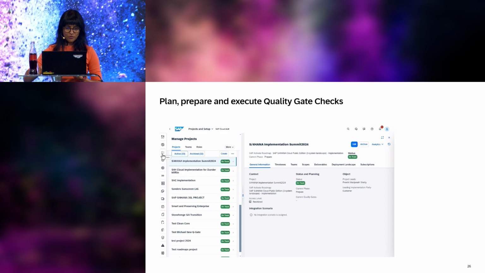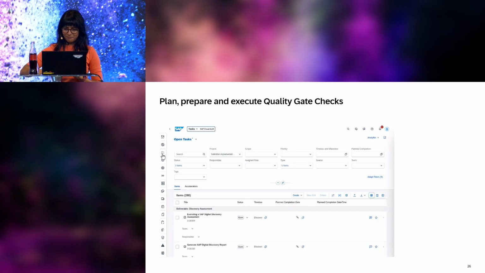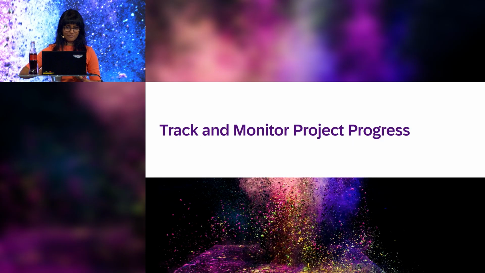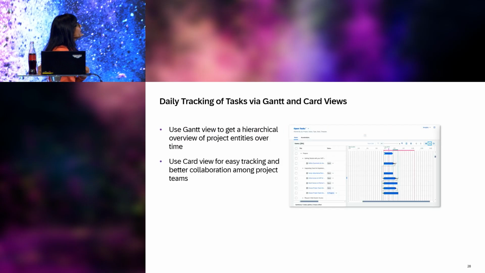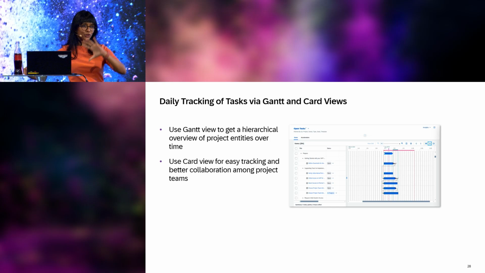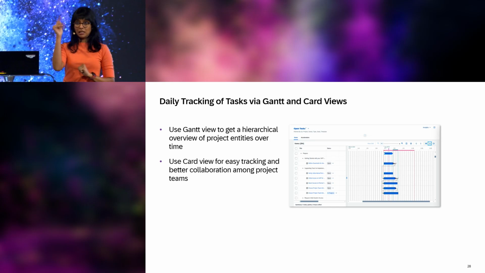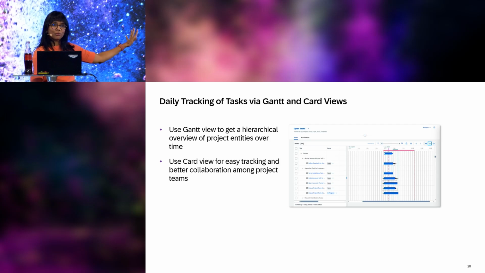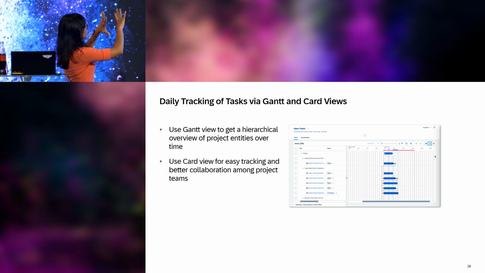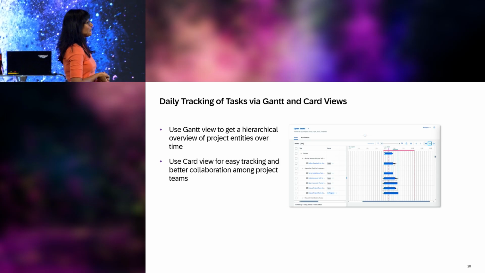Okay, now we move on to how we can track and monitor projects. Once you have set up your project, you have all the resources onboarded and the timeline set up.